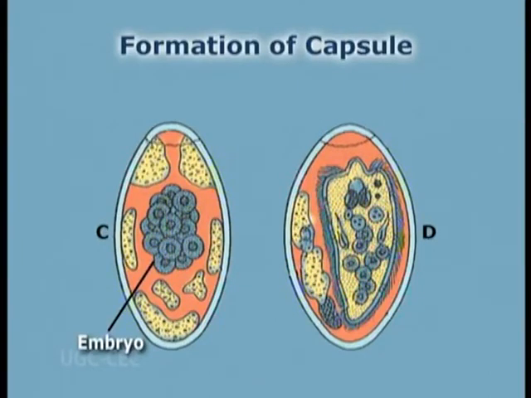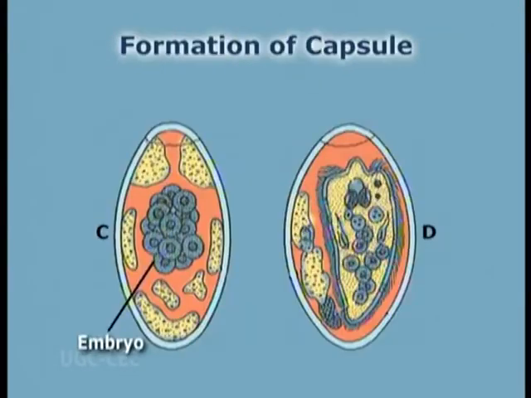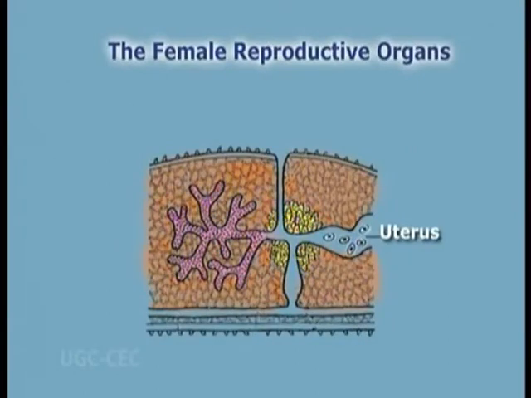The cleavage starts immediately after fertilization within the capsule, which is situated in the uterus and contains the mass of embryonic cells. The encapsulated embryos, also known as capsules, do not develop further in the fluke's uterus.